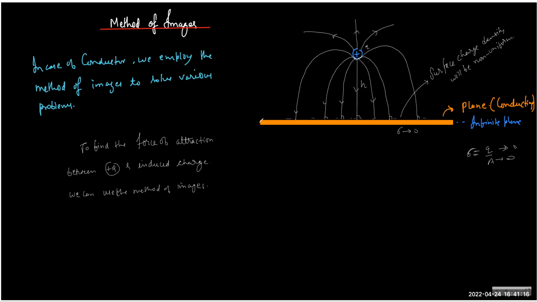So imagine, what if I ground it here? If I ground it here, then it is having zero potential. So the potential of the conductor becomes zero.